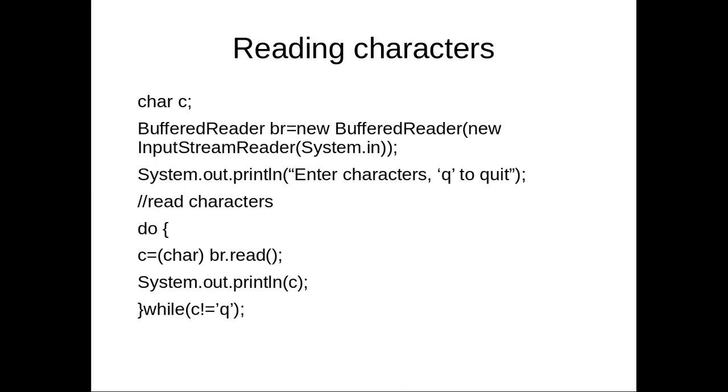Then it prints that character and checks whether it is equal to q. If c is not equal to q, the loop continues and reads again, until c equals q. That's how it reads characters.